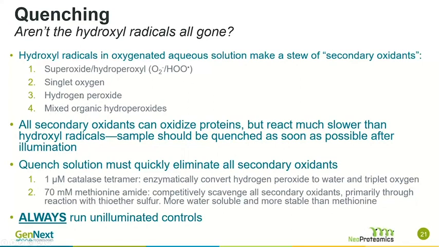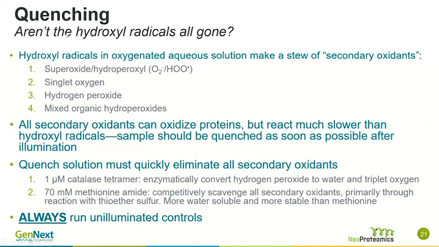So if catalase takes care of hydrogen peroxide, the methionine amide takes care of everything else. It acts as a competitive scavenger to react very efficiently with all of these secondary oxidants, usually via interaction through the thioether sulfur. And the reason we use methionine amide rather than methionine is that methionine amide is both more water soluble and more stable than straight methionine. And so we typically use about 70 millimolar methionine amide.